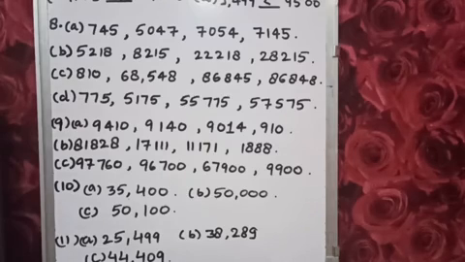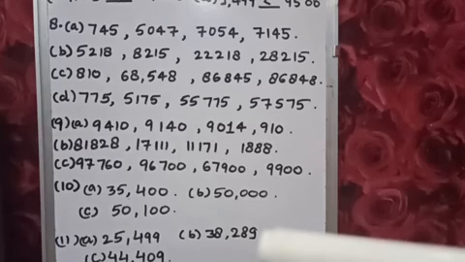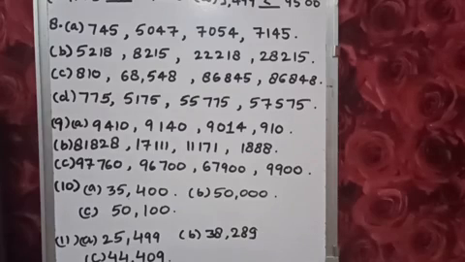So question B is 38,290. So let's see what will be the predecessor of 38,290. The predecessor will be 38,289. Okay, now question number C. Question C is 44,140.